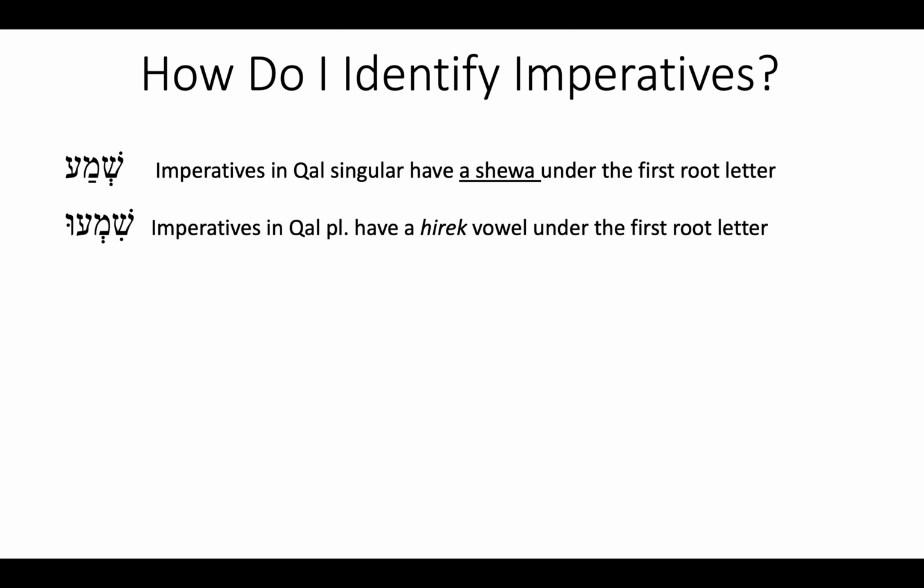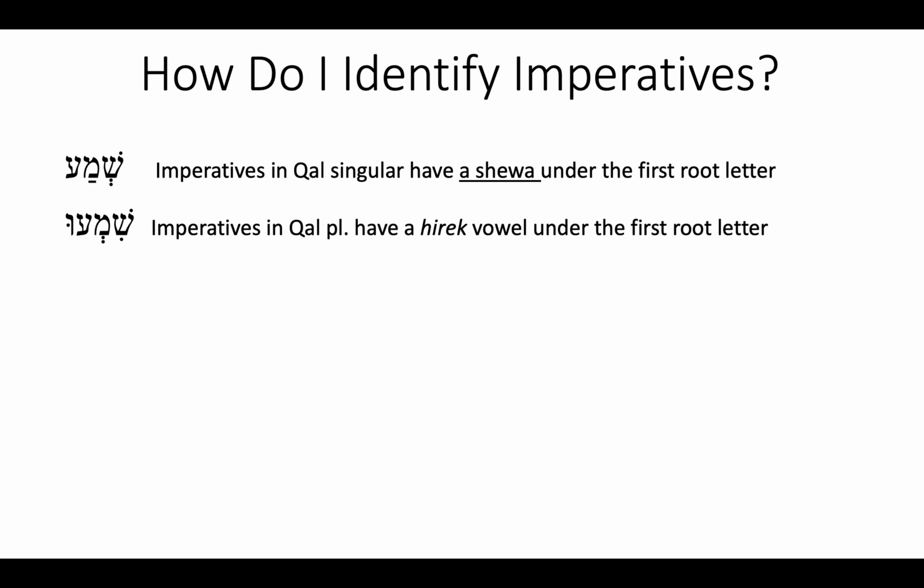The plural imperative, so y'all here, actually has a holem vowel under the first root letter. Just looking at this, you might potentially confuse it with a Piel, because Piel often will begin with a holem vowel under the first root letter. But one thing that this form doesn't have that a Piel form would have is some sort of a vowel other than a schwa under the second root letter, and assuming the second root letter can take a dagesh, we would expect to see that, and here we don't have that either.